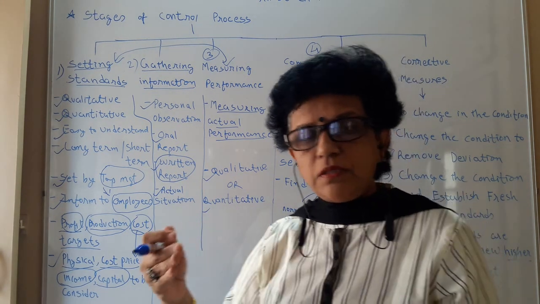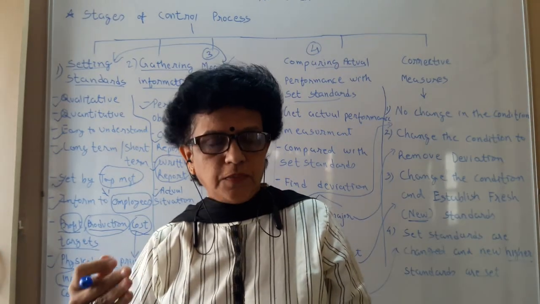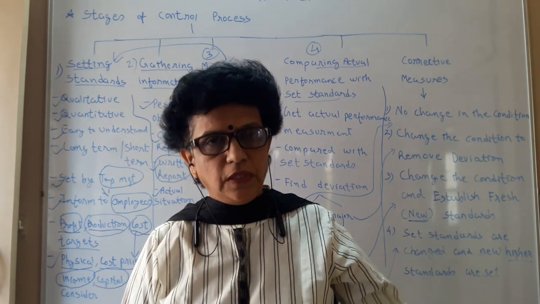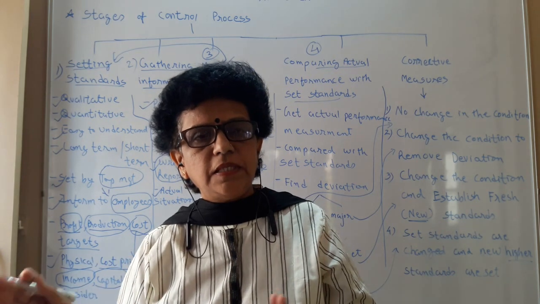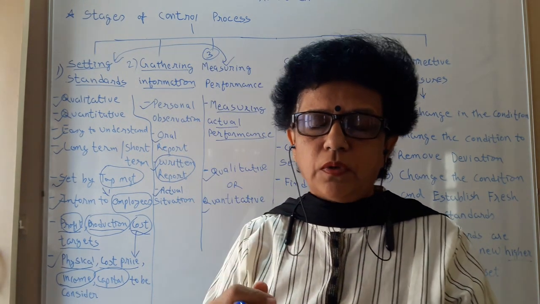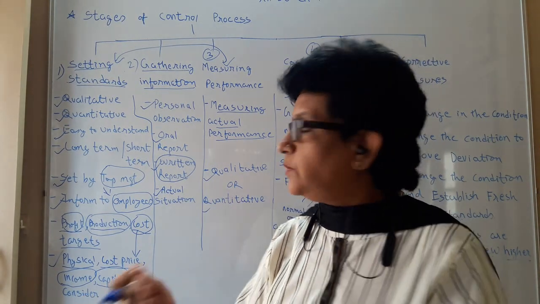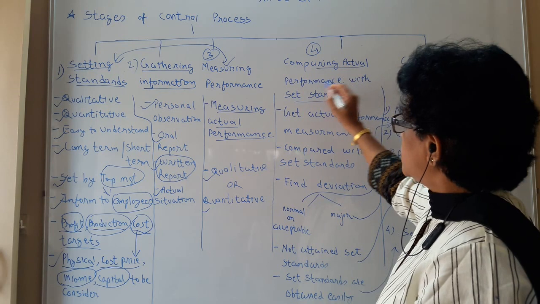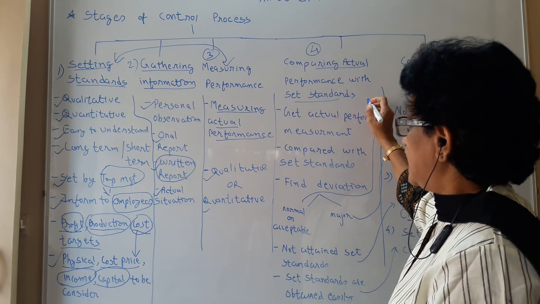Your expectation may be too high, your expectation may be too low, or your expectation may be fulfilled. All three possibilities are there. So it requires thinking about what next we can do better.